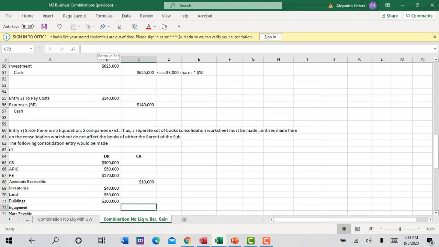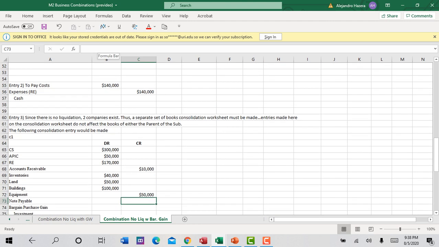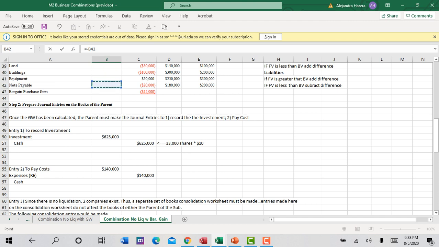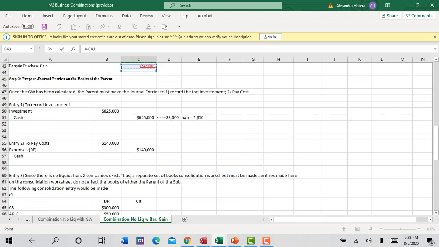We're going to credit equipment because you'll notice that equipment was a write down by 50. Fair value is 250, book value is 300,000. So we're going to write down the equipment. The note payable, we're writing down the liability, so you debit the note payable for 20,000. And then finally, the bargain purchase gain. It's a gain, and all gains have credit balances.